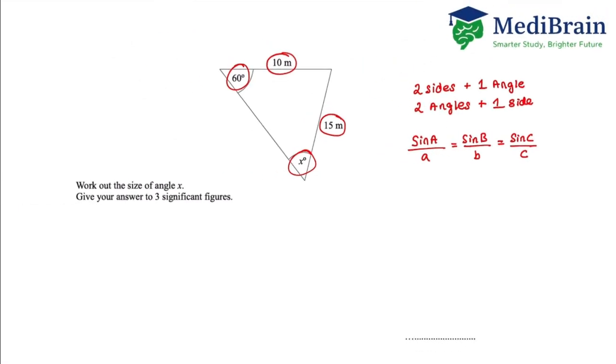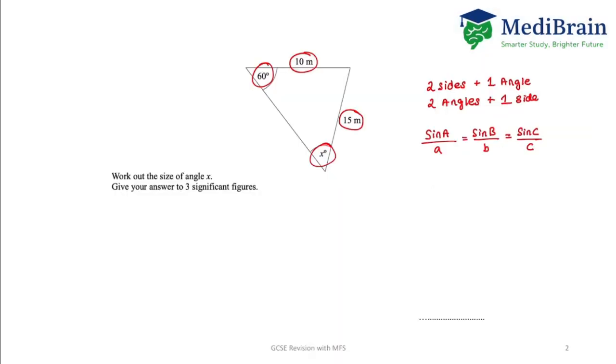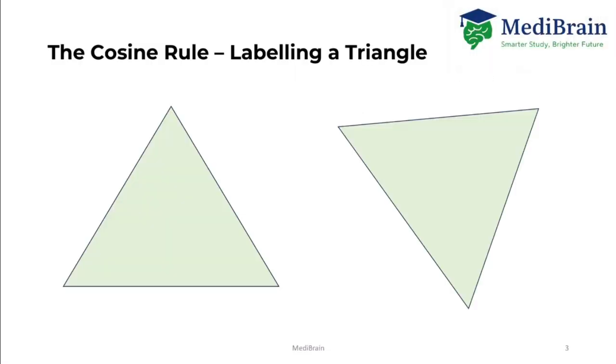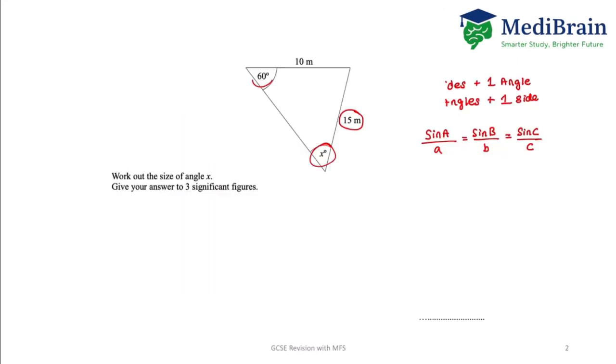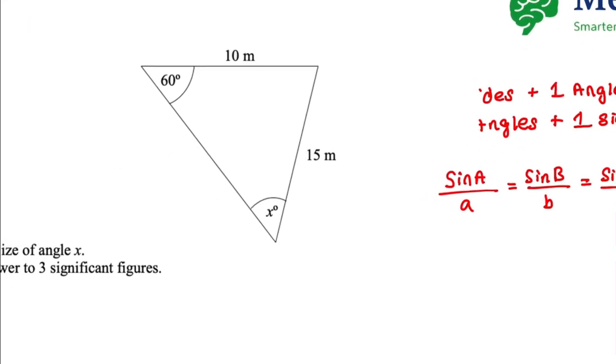So, working out the size of angle x, how do we do this? Step one is to label. We're going to label the sides.